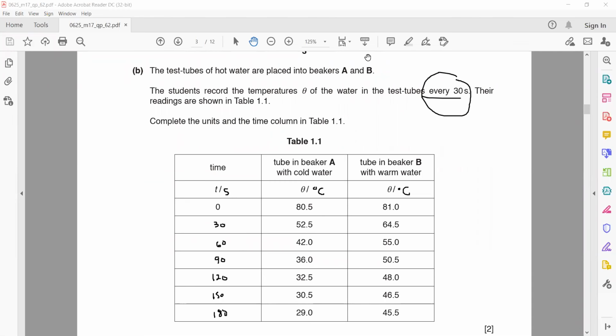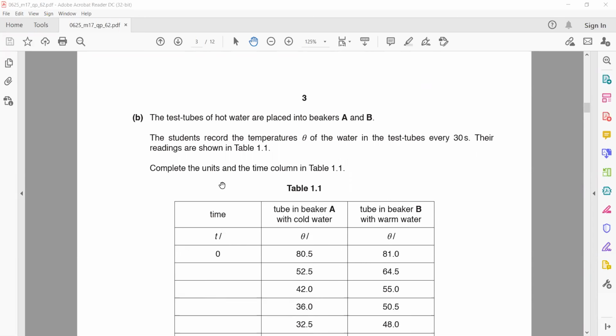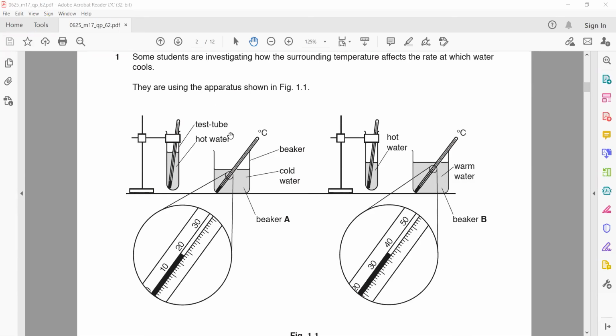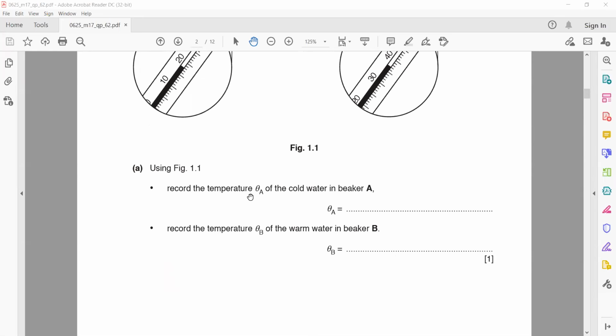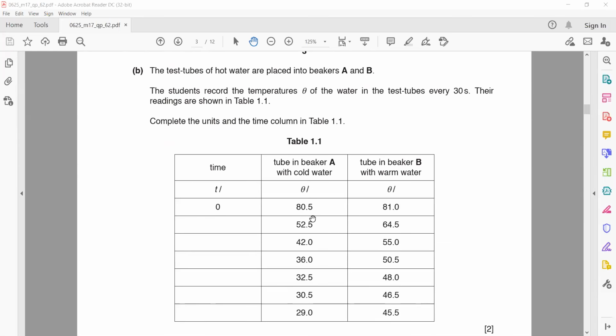So basically what the student did, he just placed the test tube inside the cold water, and then he placed the test tube inside the warm water, and he recorded the temperature of the water in the tube in beaker A and beaker B.